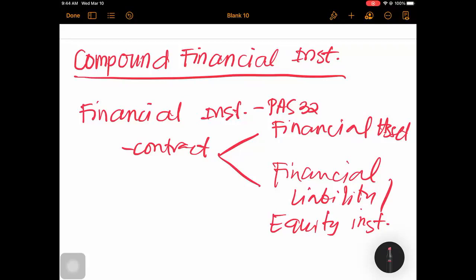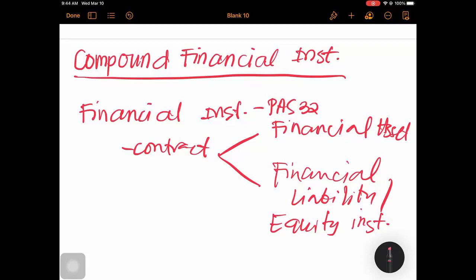Then one party will recognize a financial asset and the other party will recognize a financial liability or equity instrument. So if one is lacking, if there's no financial asset on one party, there's no financial liability on the other party. Therefore, that instrument is not a financial instrument.